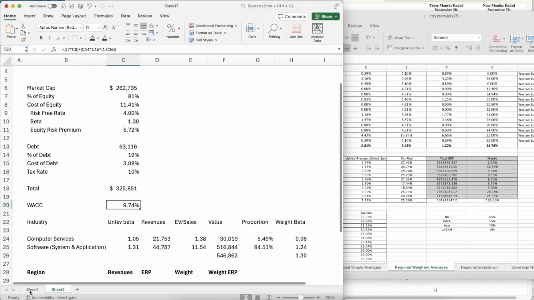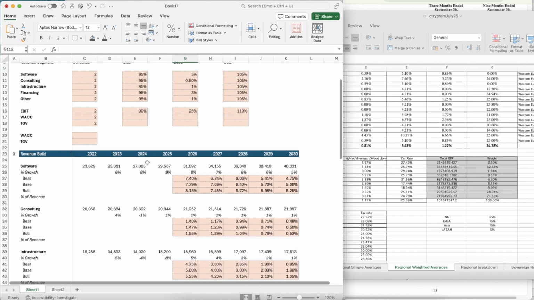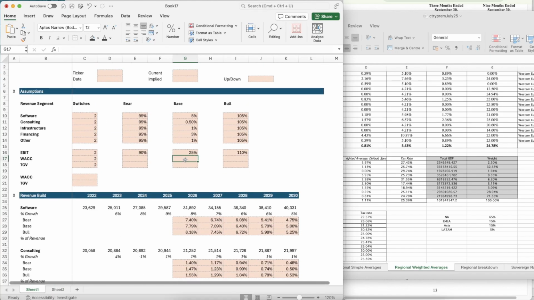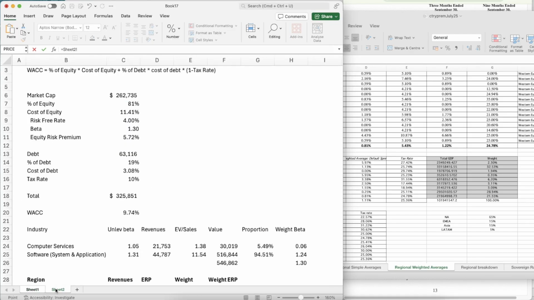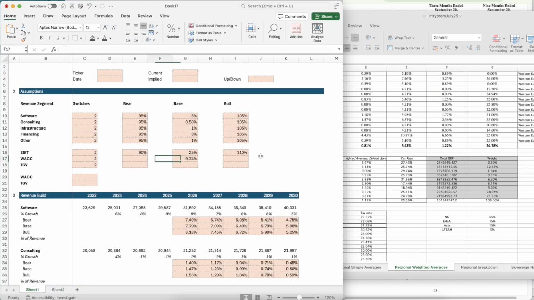So we come back onto our other spreadsheet. We say the WACC equals 9.74%. A bearish WACC is a higher WACC, so we will add 0.5%.